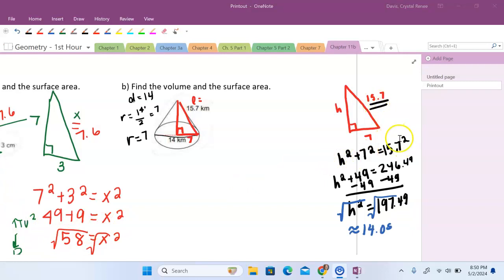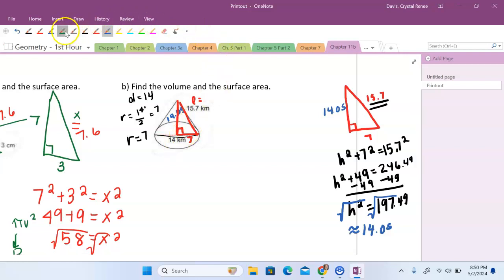Remember, c squared is our hypotenuse, so that's 15.7 squared. You should get that the height is roughly 14.05, so let me write that in here.